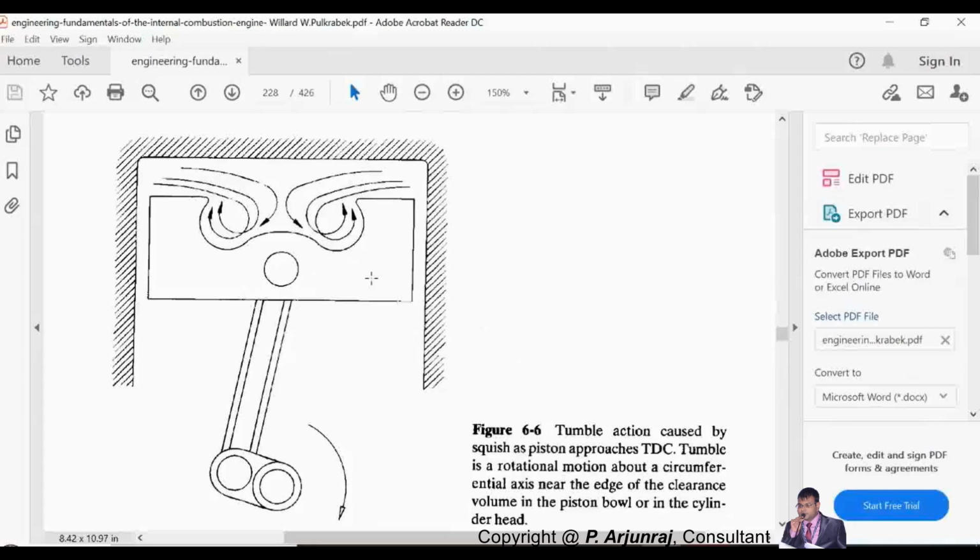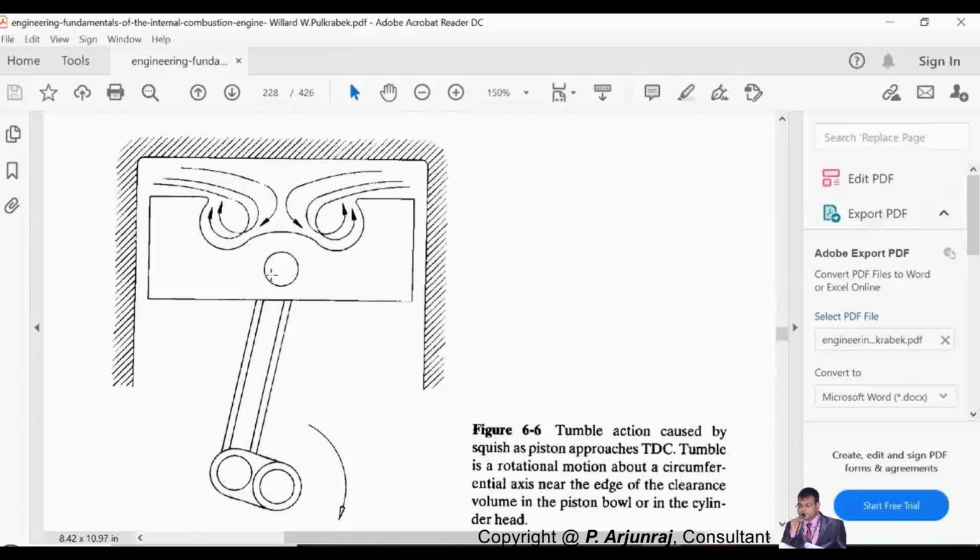It is basically the tangential motion of the air. When the piston moves from BDC to TDC, you are going to have a tumble, which is nothing but a rotational motion. This will rotate about the circumferential axis. It is having a layer or a zone where you get the circumferential area for a particular combustion chamber.